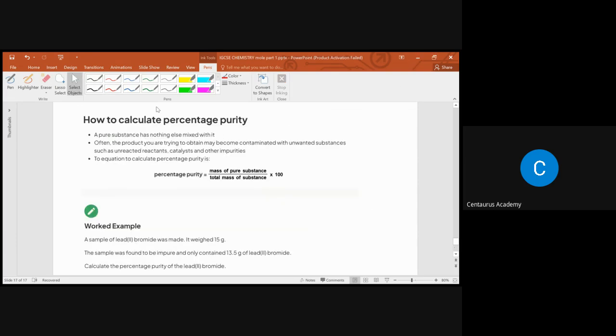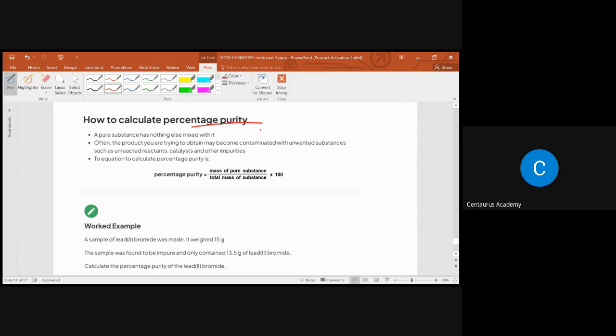Now, how do we find out the percentage purity? Percentage purity is also very important to find. Why? Because certain chemical reactions which are carried out are industrial processes, or ones which need to market their own product.